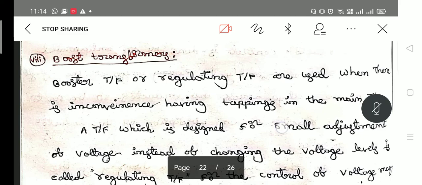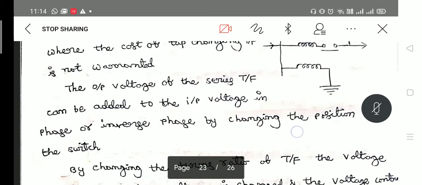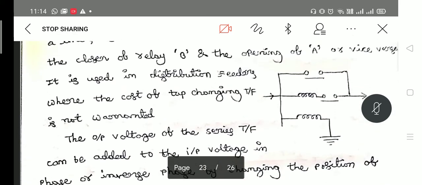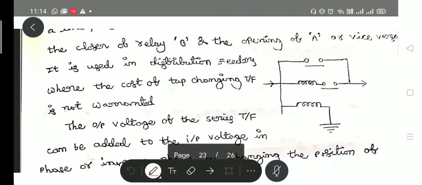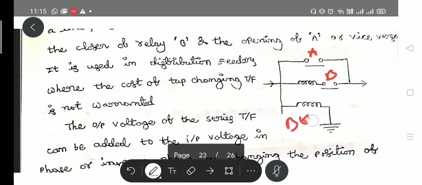Here is the boost transformer circuit diagram. This is A, this is B. This is the booster transformer here.